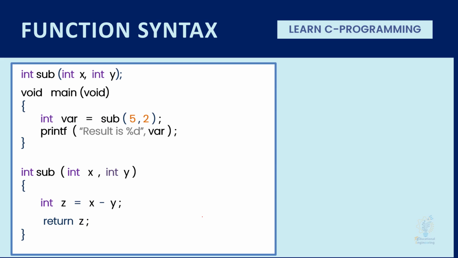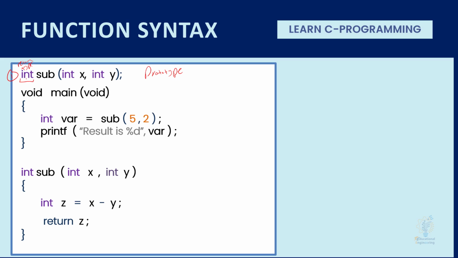Now, this is a function that we defined, and we are going to execute in a few seconds. The first part here is called the prototype. This is a line. This is the return type.